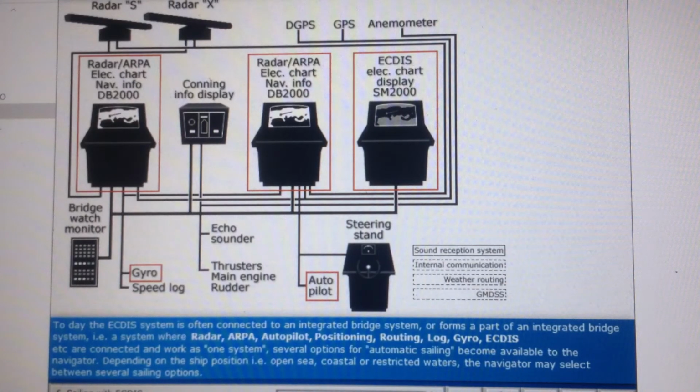Several options for automatic sailing become available to the navigator. Depending on the ship position, that is, open sea, coastal or restricted waters, the navigator may select between several sailing options.